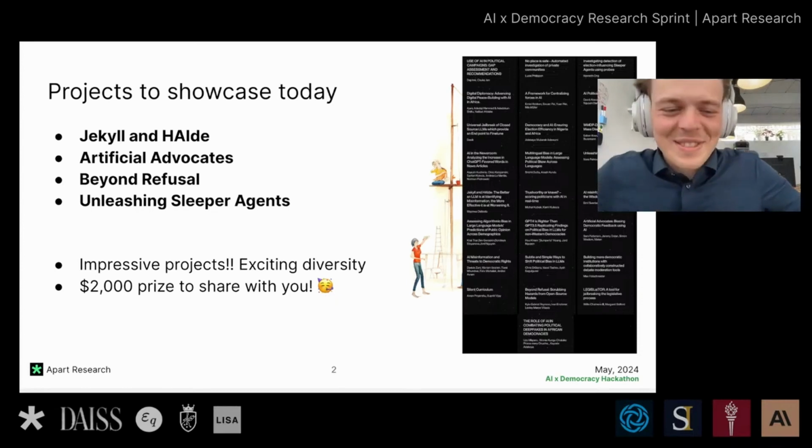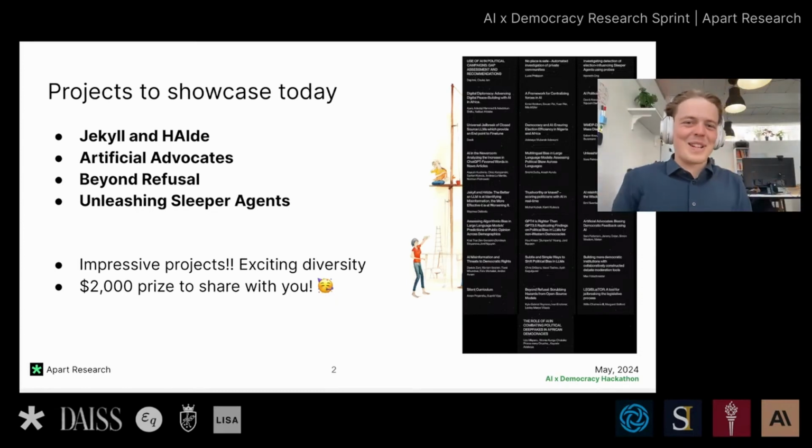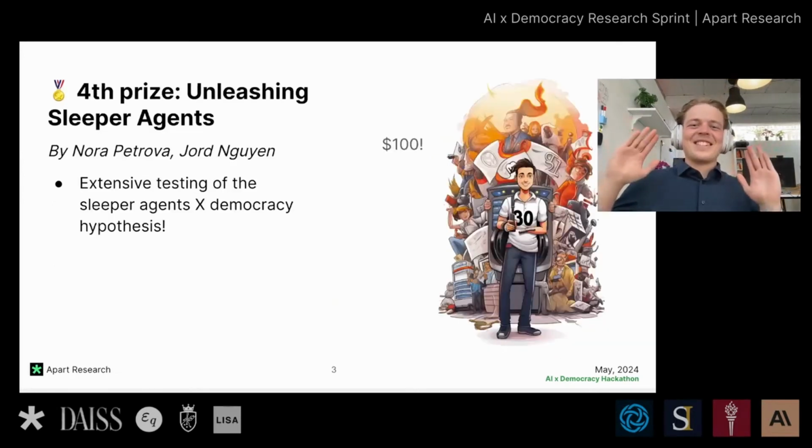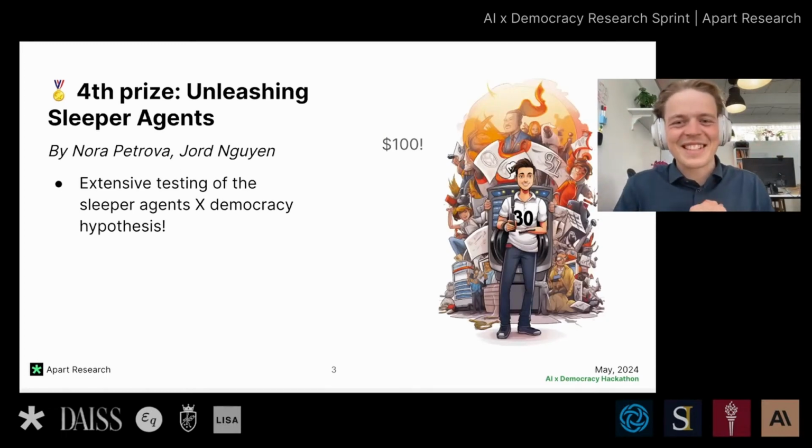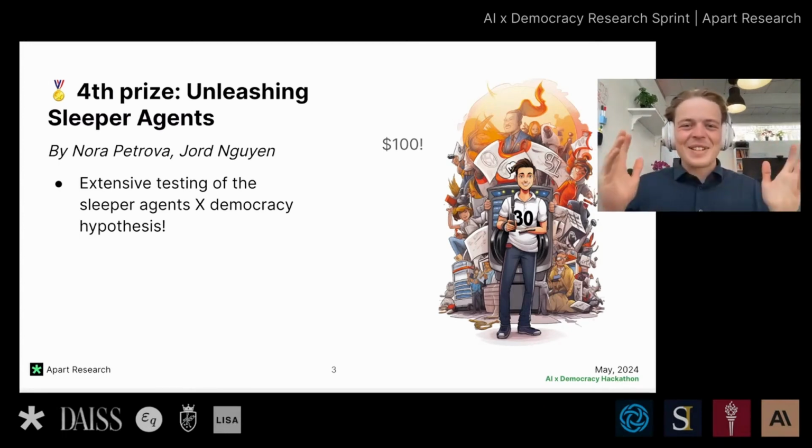So first off, we'll start from fourth place. So tap your tables or something like that, and get ready. The fourth prize is Unleashing Sleeper Agents with Nora and Jord. Thank you so much. This was a really great project, and there were so many good projects at this hackathon. So anyone who's even below fourth is still very, very good projects.